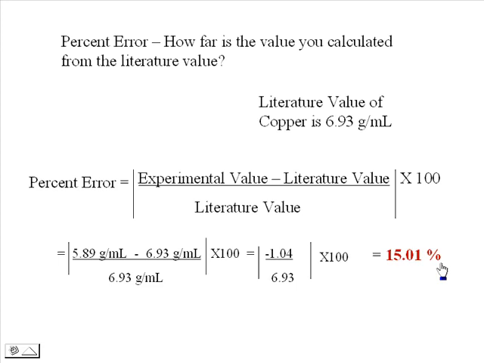This is saying that your actual number, 5.89, was 15% off away from the literature value. So you had a 15% error. And actually, it's not wrong if you had a negative 15.01. The negative 15.01 is actually telling you that you were below the literature value.